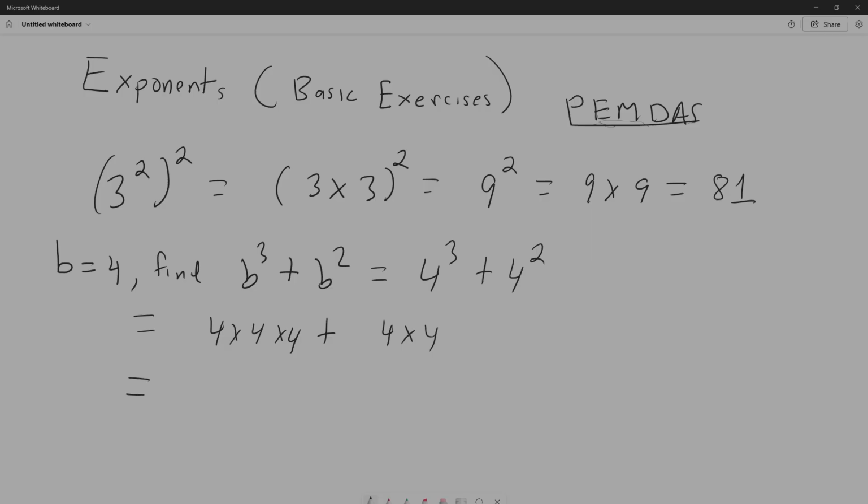So 4 times 4 is 16. So we have 16 times 4, and then the other is going to be 4 times 4, that will be 16.